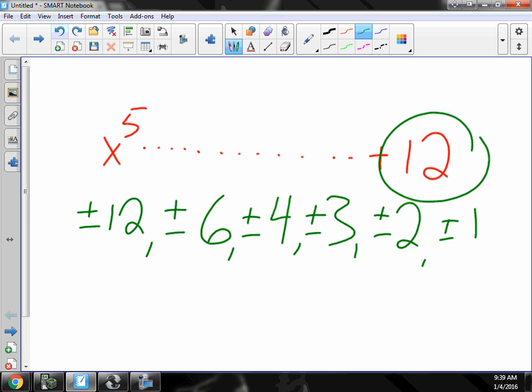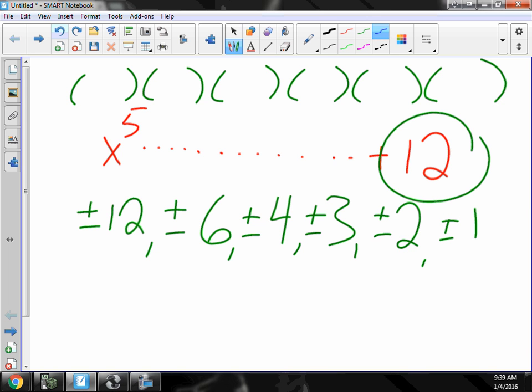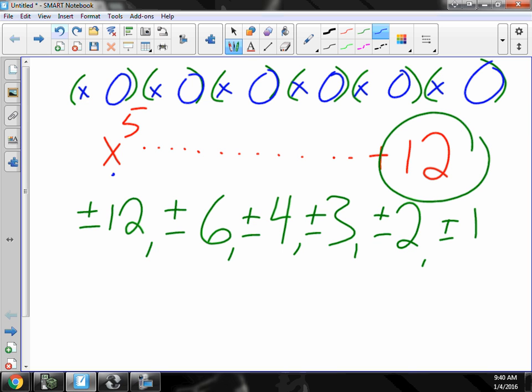The idea behind that is, if you put 5 linear factors together, all of these factors start with x, because it's 1x to the fifth, and all of the constants will multiply together to be 12. So the only possible numbers that could go in there would be 12, 6, 4, 3, 2, and 1.